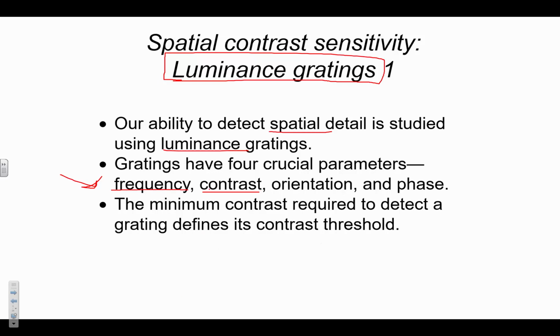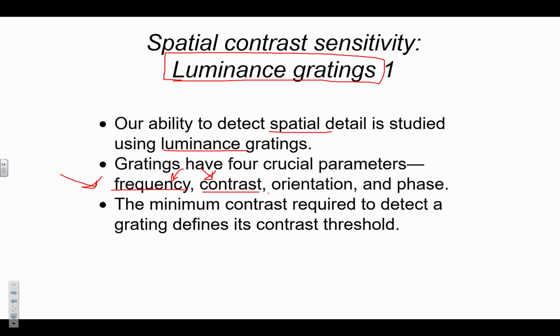So what's nice is we can look at the relationship between spatial frequency and contrast. We can adjust two things at once. Hold on, I'm going to show you how that works. We're going to adjust two things at once and determine what you can see at different spatial frequencies and different contrasts simultaneously.